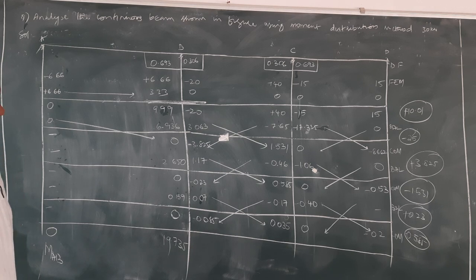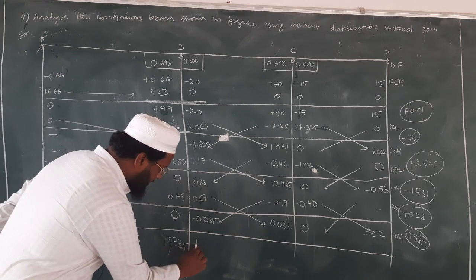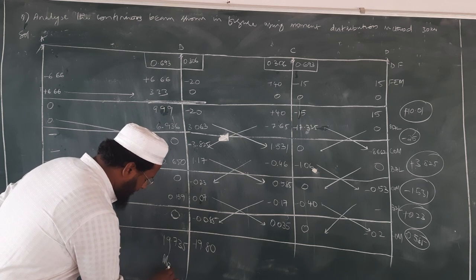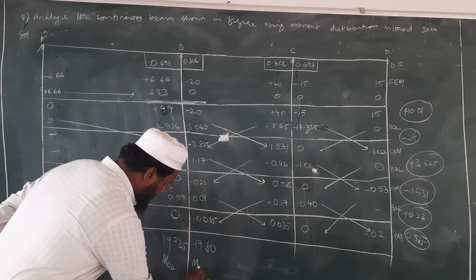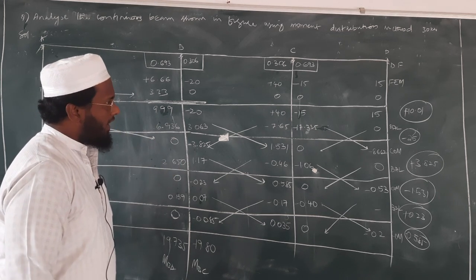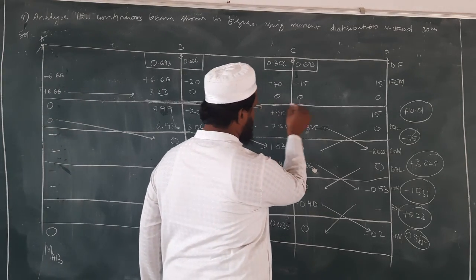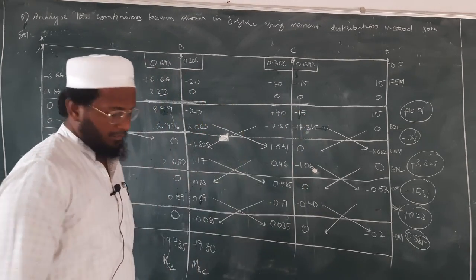How much? Minus 19.80. Minus 19.80. So this is MBA and MBC. Now you add these values from 40. 33.87.